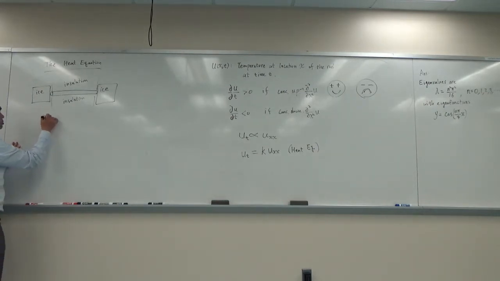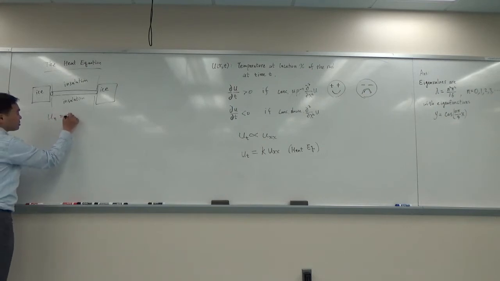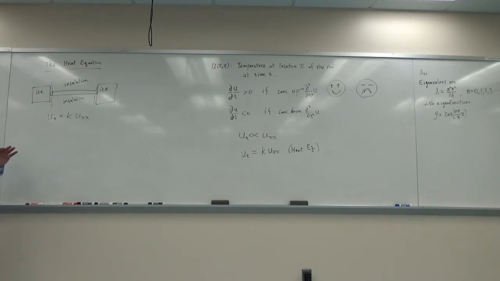First of all, u_t equals k times u_xx. For exam purposes, I might give you the value of k explicitly, but in many cases, this has to be figured out by experiment, because it all depends on the makeup of the metal, and also the size will matter. So it really is case by case.